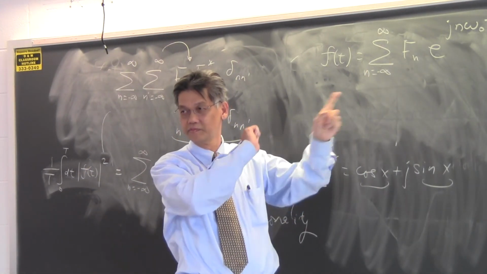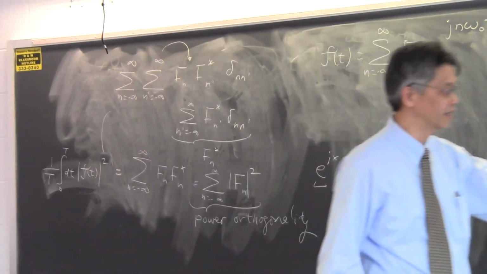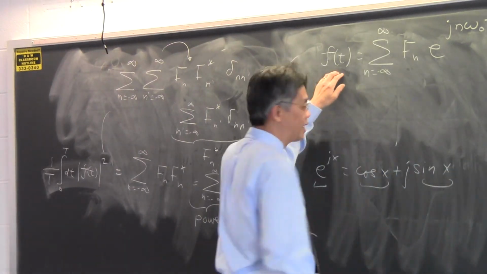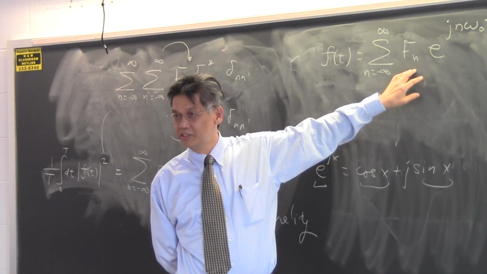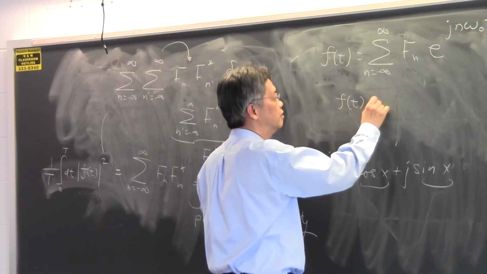There's no cross terms. When you multiply this thing out, the cross terms all vanish. Okay? No cross terms. So it says that the power embedded in this signal is the power embedded in each individual signal.